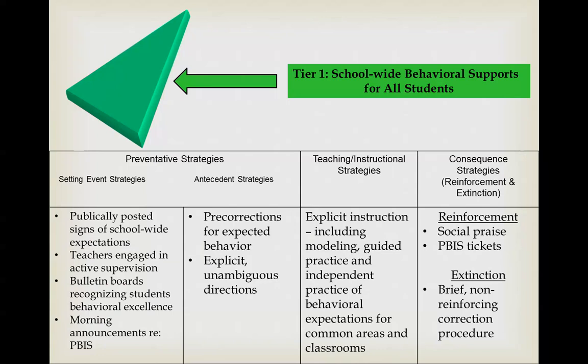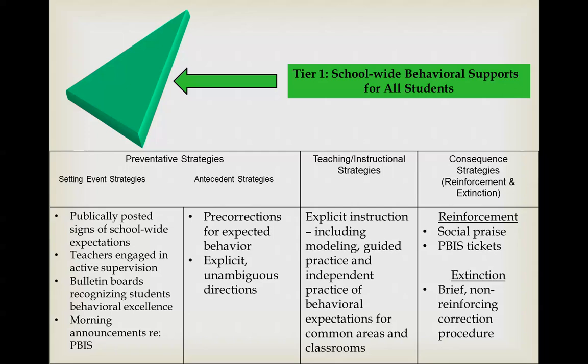Well, we publicly post signs of school-wide, be respectful, be safe, or whatever, roar, whatever clever way schools identify to articulate their 3, 4, 5 school-wide behavioral expectations. They are posted all throughout the school, and the posting of those signs constitutes a setting event intervention because the student learns, oh, that's right.